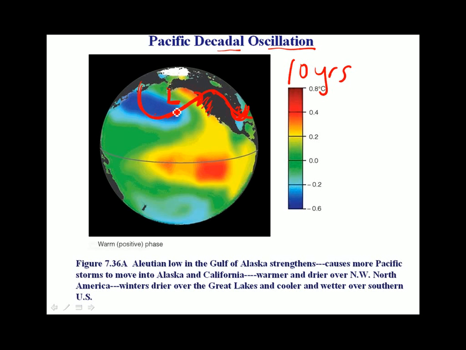In other words, the pattern of the sea surface temperatures do not change very rapidly compared to El Nino type conditions.